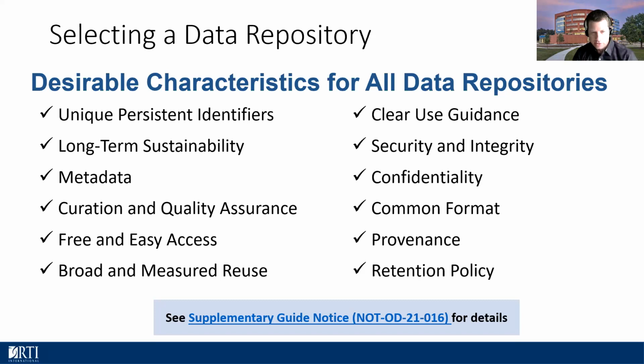Additional characteristics include the ability to protect research participant privacy and confidentiality, being able to access the data, and having an appropriate amount of provenance. All of these different characteristics will factor into the selection of the repository. Next slide.